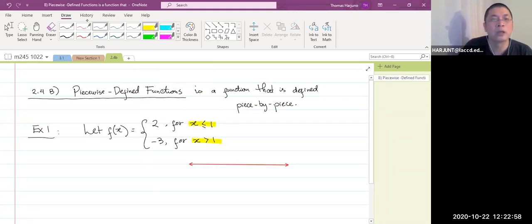The one to the left of 1, including 1, that's the first piece. And greater than 1 is the second piece.